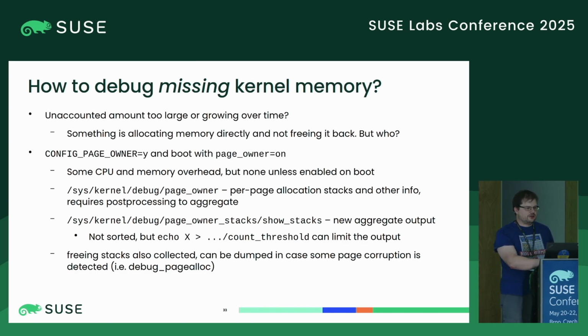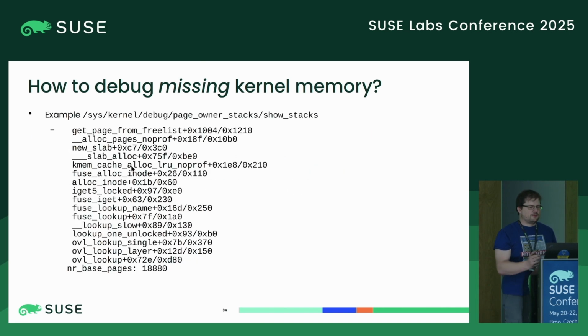And then we have these debugfs files that can tell us how much memory is occupied by every different allocation stack of functions that did the allocation. So here's an example of something allocating slab memory with 1800 pages.